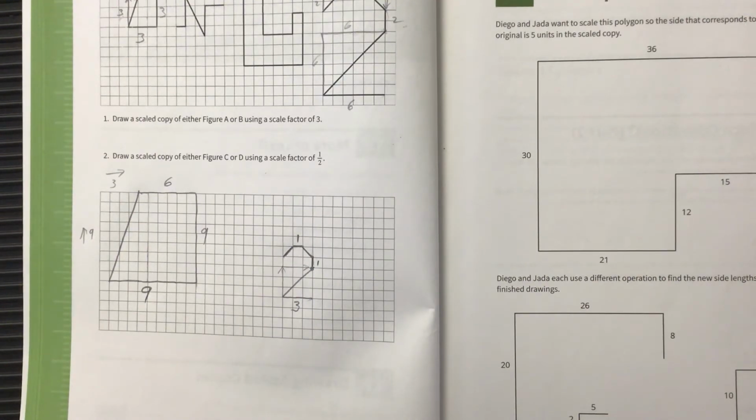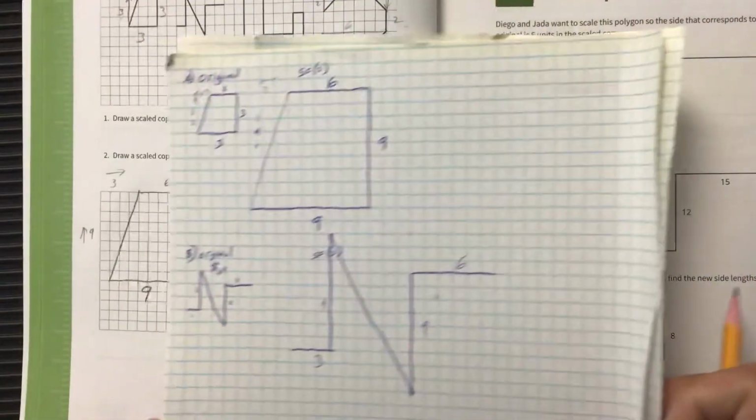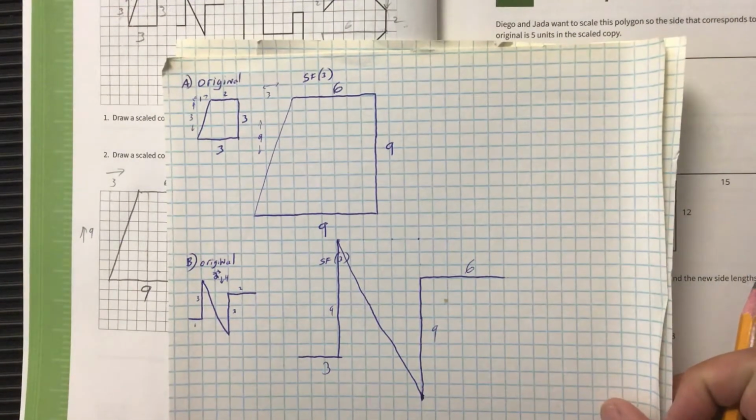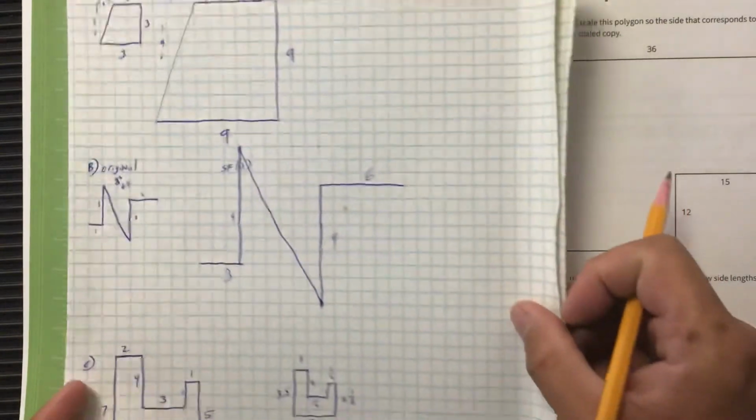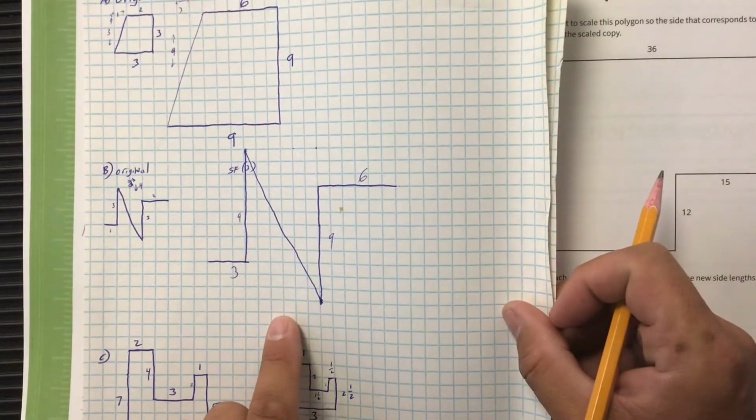Okay, and then it's always nice to label it. Because in case you counted wrong, at least I know you meant the right number. So label the side lengths for me, please. Okay, in case you want to see those other ones, I did do them all here. So there's A, we did that one. Here's what B would look like 3 times bigger.